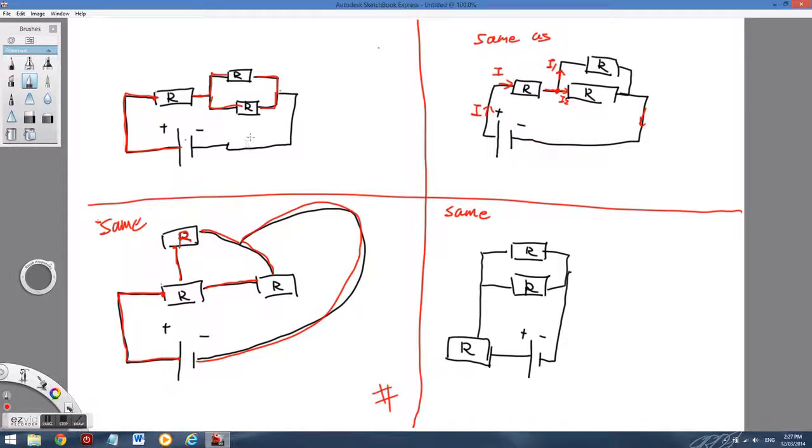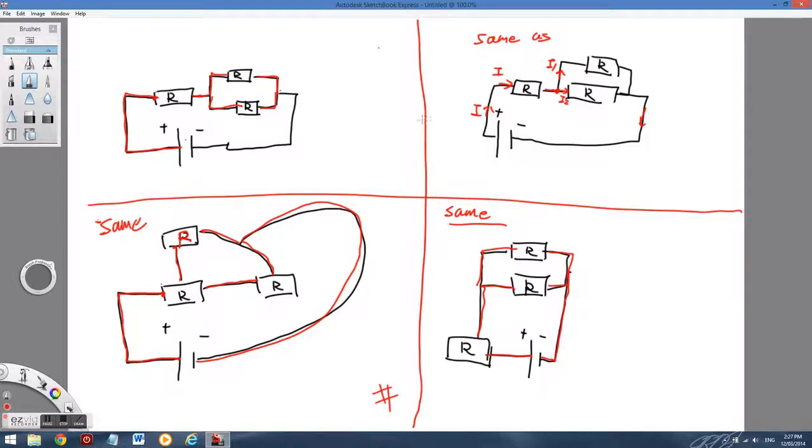I created four of the same electric circuit in different drawings. Similarly, the current comes to the first resistor, then it leaves the first resistor, goes to two other resistors, then they combine and go to the negative terminal.